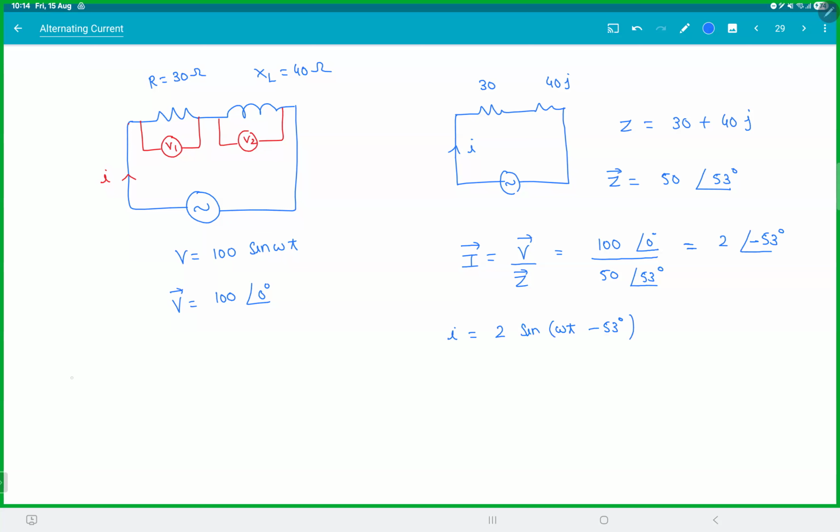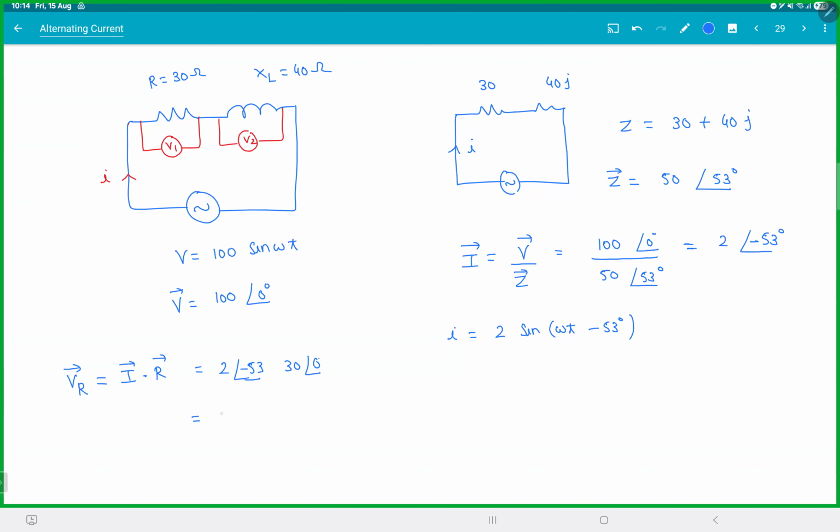What do you want to find? Voltage across the resistor. So VR bar will be I bar dot R bar. Remember, if you want to use Ohm's law, it should be in phasor form. You can't use omega t and all this thing in phasor form. I bar is 2 into 53, R is 30 into 0.